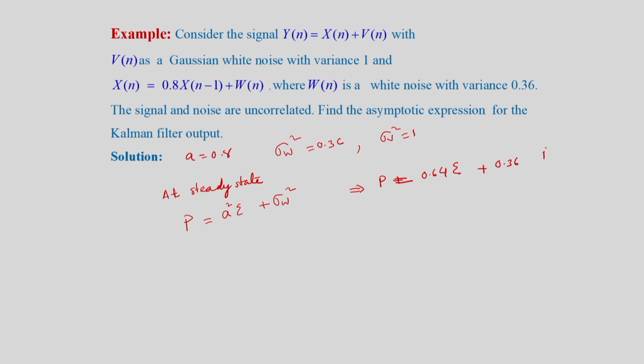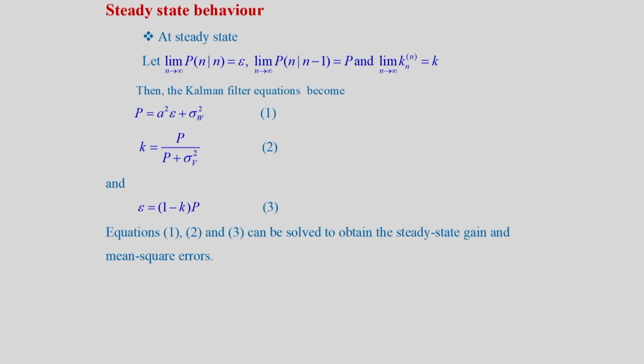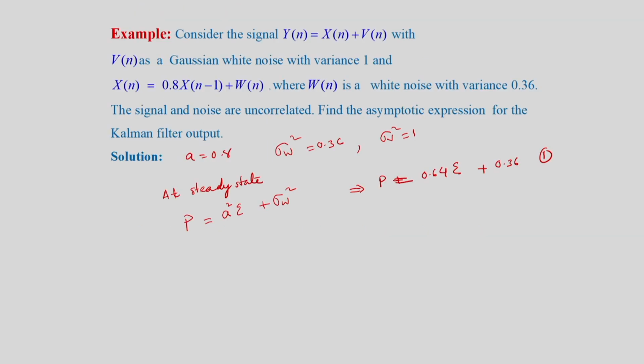That is equation 1. Now the second equation, the Kalman gain: K is equal to P by P plus sigma v square, and this will be P by P plus 1, because sigma v square is equal to 1. So this is equation 2.